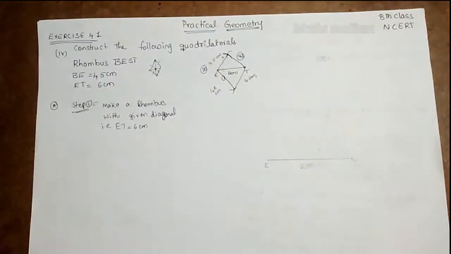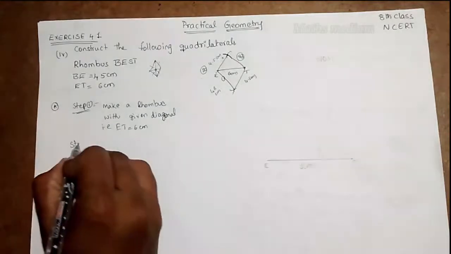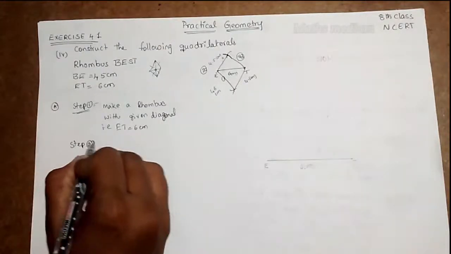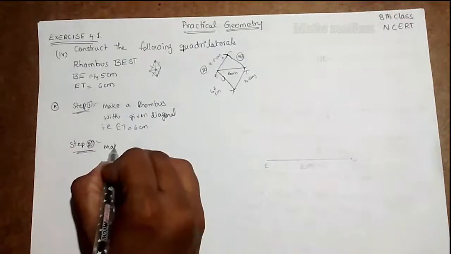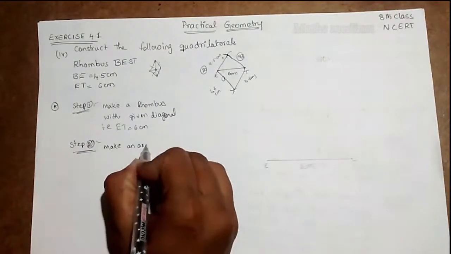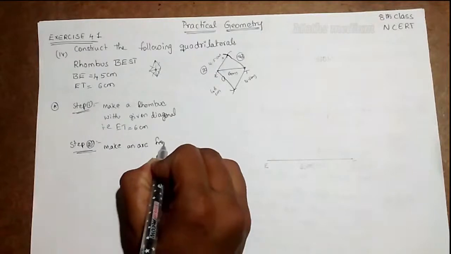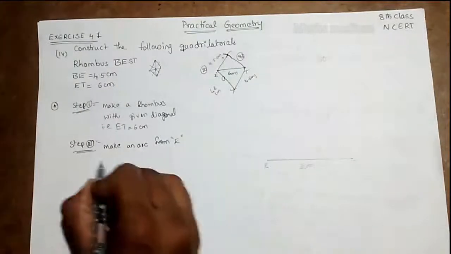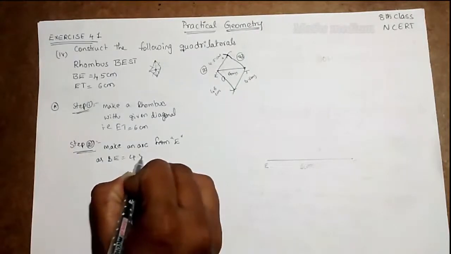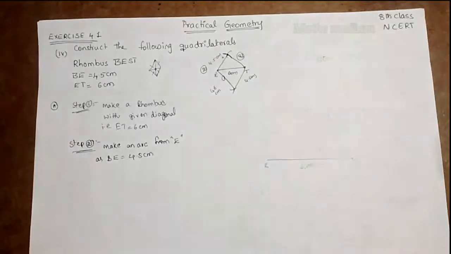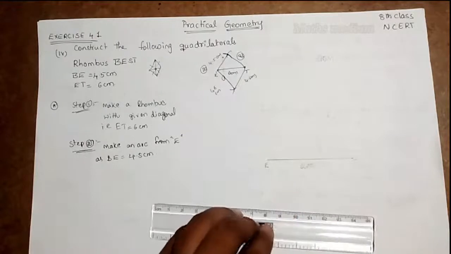Next, coming to step 2. Make an arc from E, as BE is equal to 4.5 centimeters. So let's take a compass and scale.